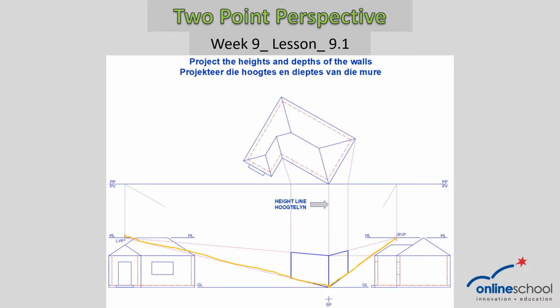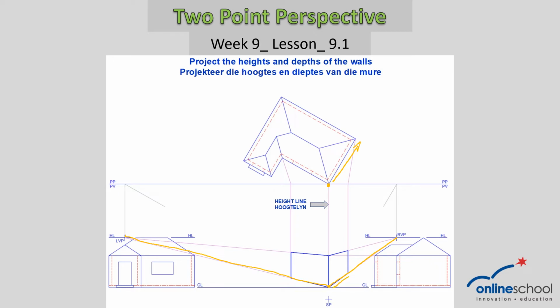And then to know how far the wall goes to the right in depth, we need to remember that from the house's corner where it touches the picture plane, the picture plane is the closest to us, and the further we go back on the top view, the further we will see is the depth.